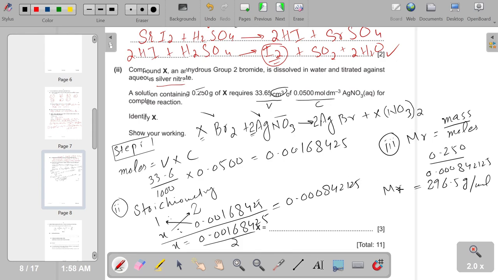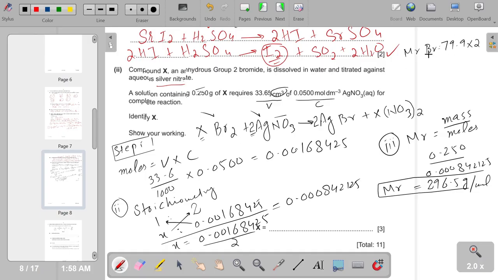So now we need to find a group 2 member which must possess this Mr. Understand? If you notice on this Br2, the Mr of Br is 79.9. Because we have Br2, it will multiply with 2.